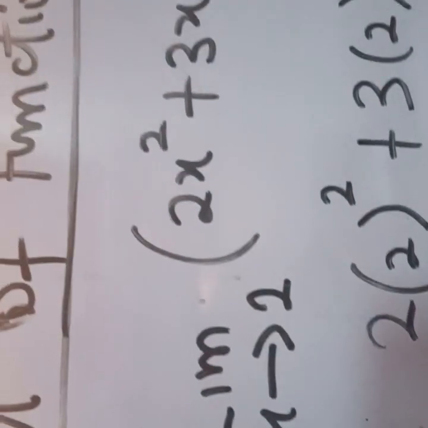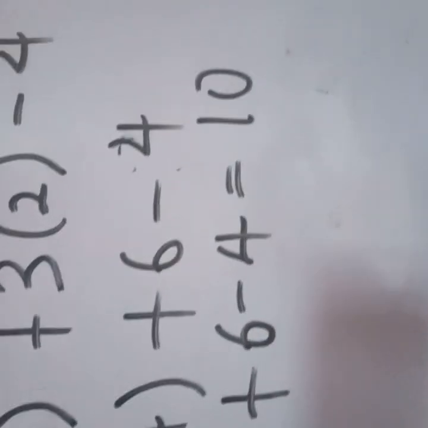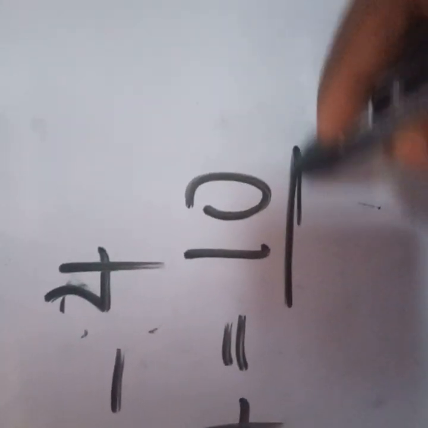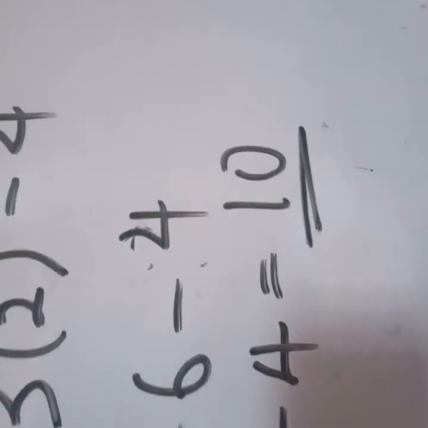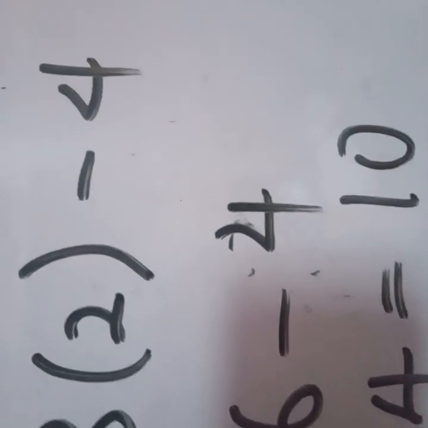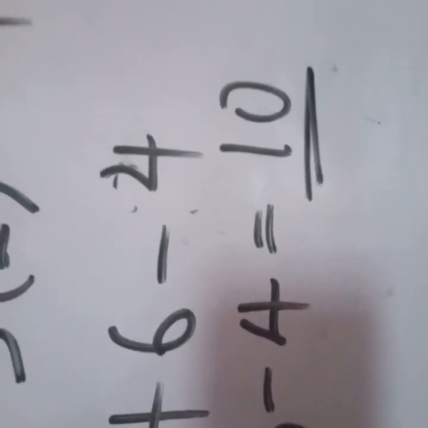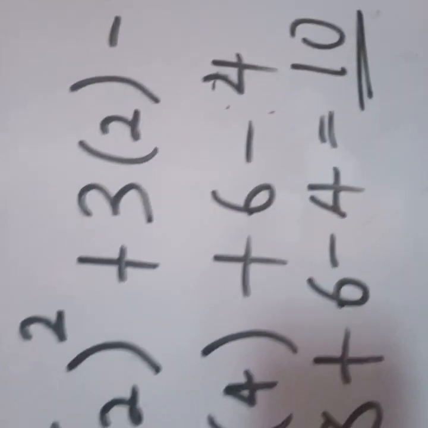So the limit of this function when x tends to 2 is 10. We see that this 10 is defined and it can be seen on the real number line. So the limit of this function exists.